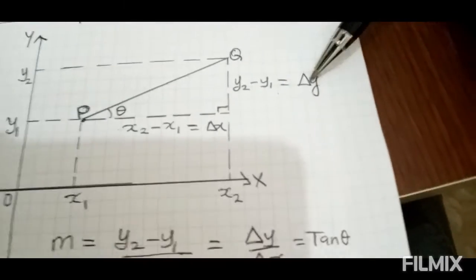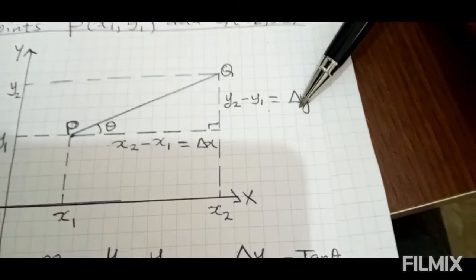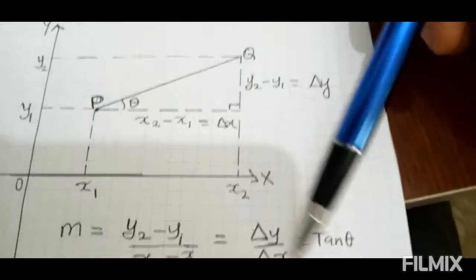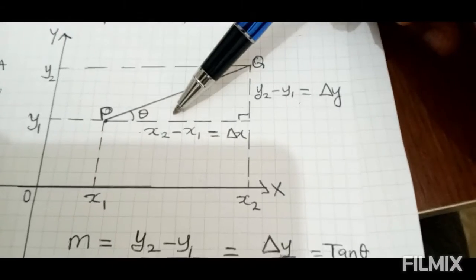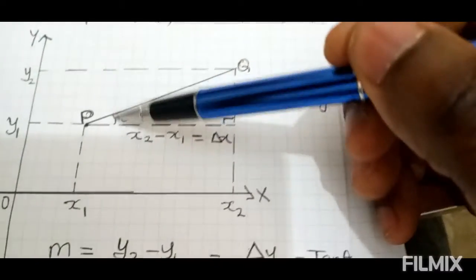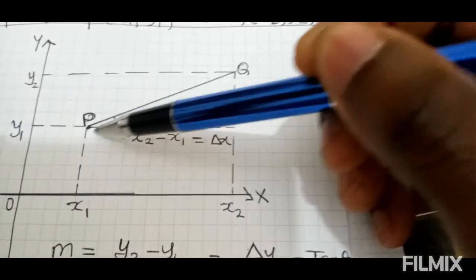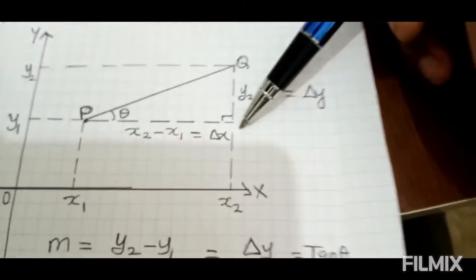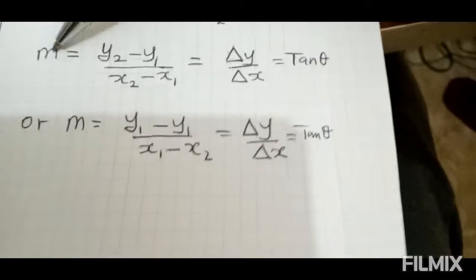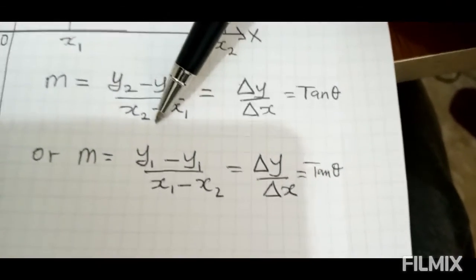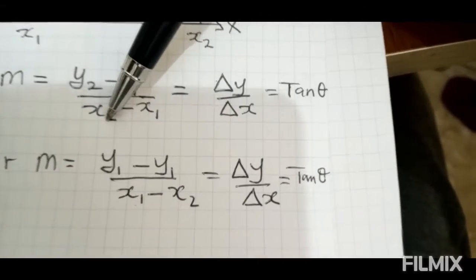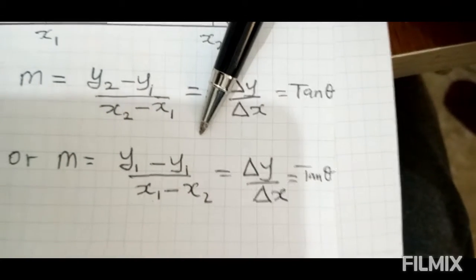So what is the opposite? The opposite is delta y, and the adjacent is delta x. So the gradient is simply the tangent of theta. This angle here is the gradient. Gradient can be expressed by writing y2 minus y1 divided by x2 minus x1.